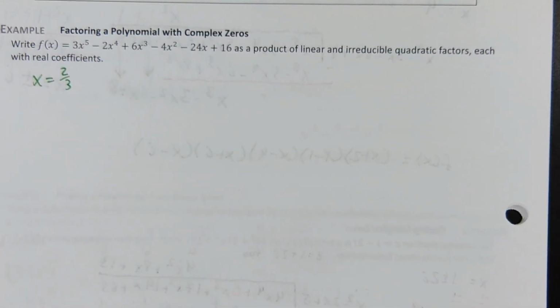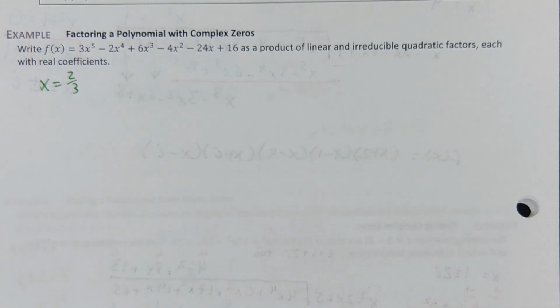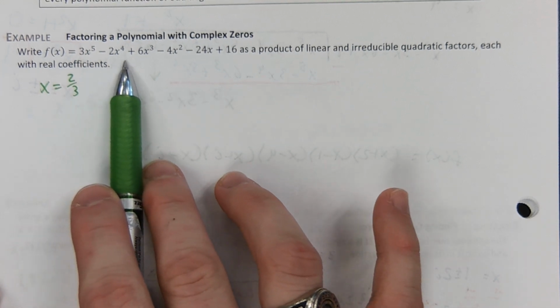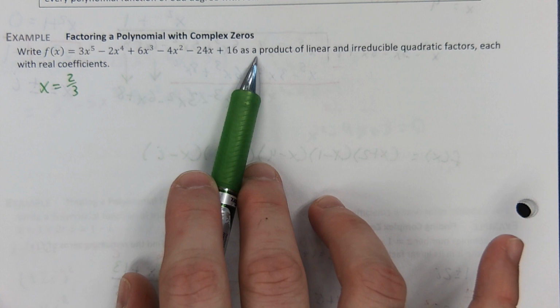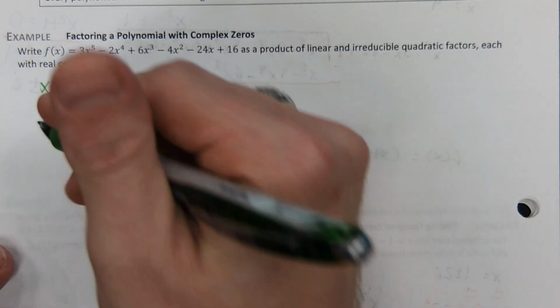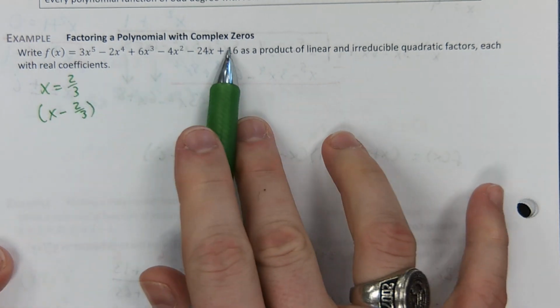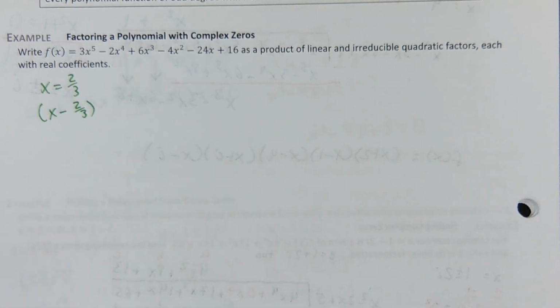So what is the linear factor associated with x equals 2/3? x minus 2/3 will work, but the problem with x minus 2/3 is if I went ahead and distributed all that out, there's a very low likelihood I would end up with nice whole numbers. So there's nothing wrong with x minus 2/3. It's just that it's not going to result in this. So what do? 3x minus 2.